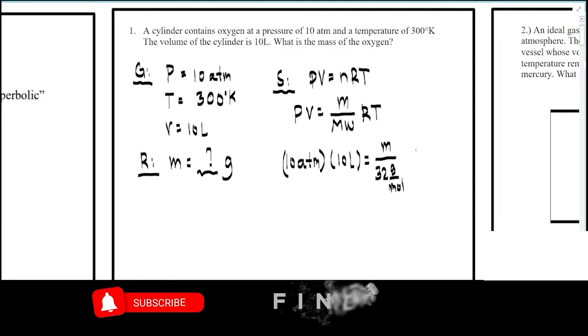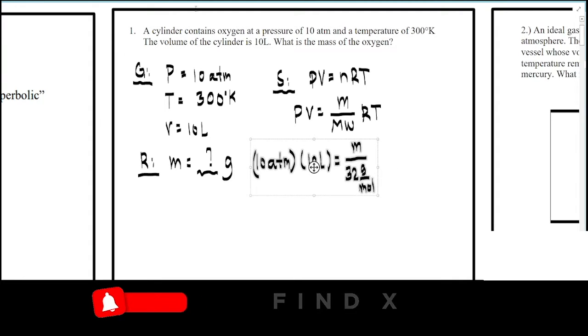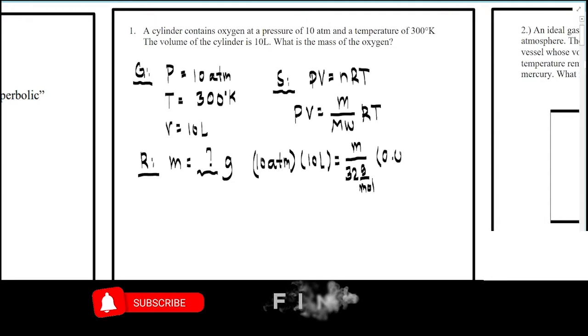And of course the R. What R should we use? Let me just move this a little bit because there's no space left. The R that we'll be using is 0.0821.